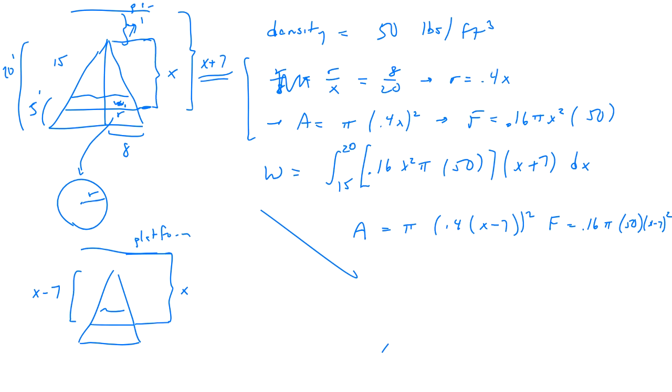So again, going with this one, if x is the distance from my generic line to the top of the cone, but I'm going to pump it to the platform, which is an additional 7 feet up, then the distance from the line to the platform will be x plus 7. The distance to the top of the cone plus the 7 feet up to the platform above it.